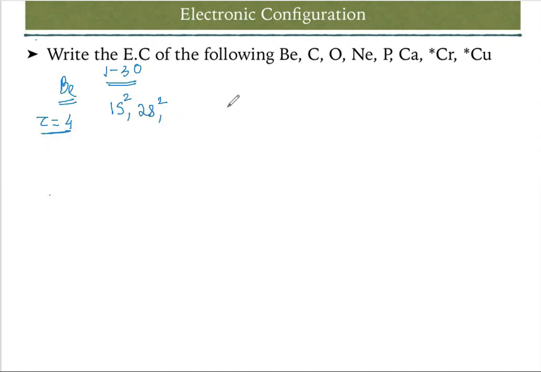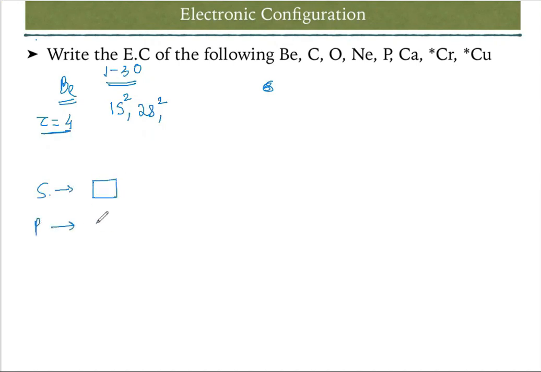Now this can also be written in terms of boxes. For writing the other electronic configuration, what do we have to do? For s, it represents one box. So you remember, for s, it represents one box.